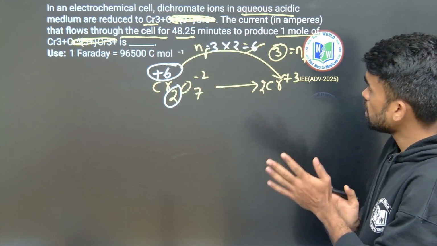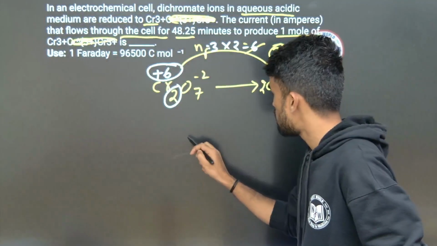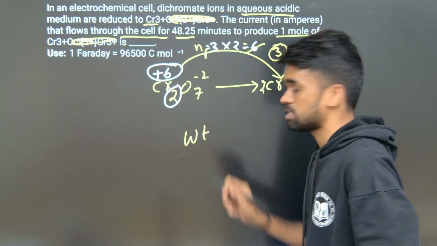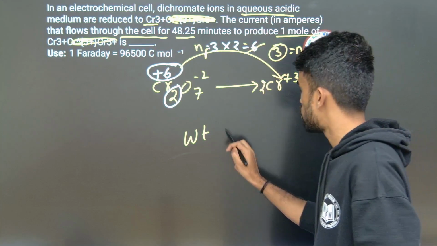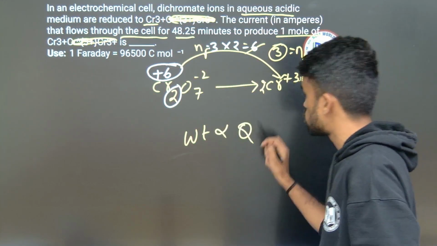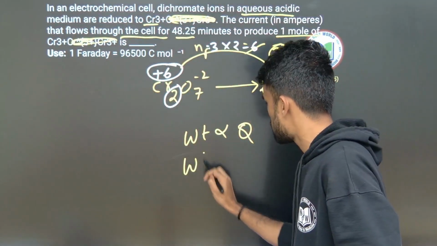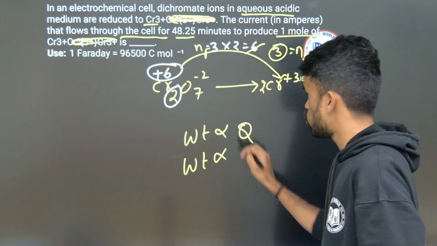Now see, this is the ion which is depositing, this is the ion which is forming. From Faraday's law, the quantity of a substance deposited at an electrode is directly proportional to the quantity of charge passed through the electrolytic solution. So weight is proportional to Q, the charge.